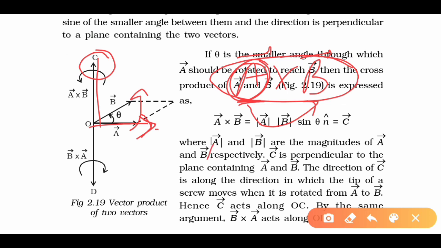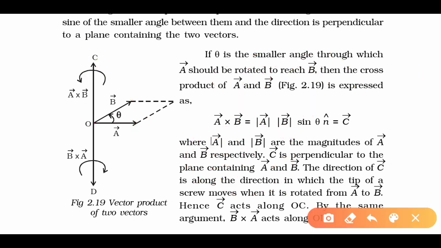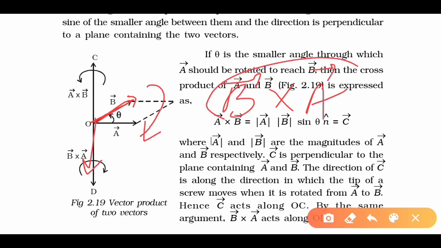Similarly, we can find the direction of B cross A. In this case, we move from B vector to A vector. Clear? So for that, we place our fingers in the direction of B vector and curl our fingers from B to A, and our thumb will denote the direction of B cross A, or we can say the resultant of B cross A, that is the downward direction.